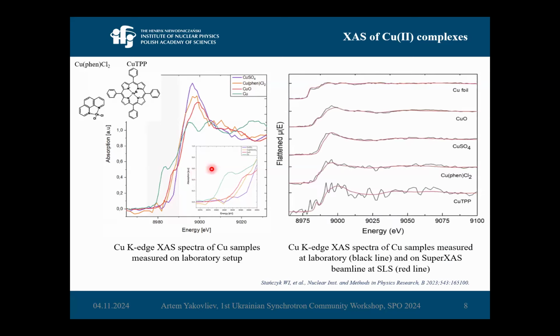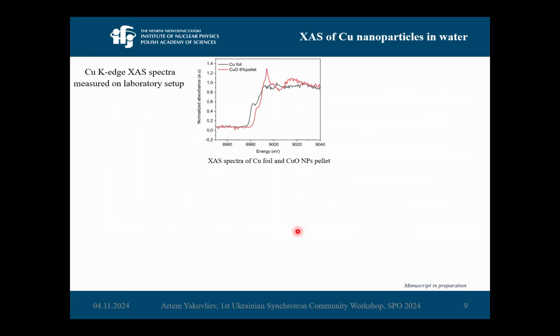And next, we compared these spectra to the ones gathered at the SuperXAS beamline at SLS. And you can see that they overlap, and it means that basically we can use our laboratory data as a preliminary step towards the synchrotron experiments.